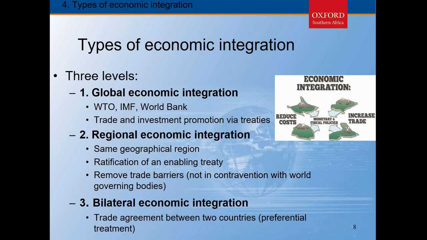For example, South Africa has a bilateral trade agreement with Namibia, and we've got bilateral trade agreements with Botswana, Swaziland, Lesotho, but they are specific agreements between South Africa and each of these countries, not together, bilateral between two countries, which means that goods and services can move across the borders freely.